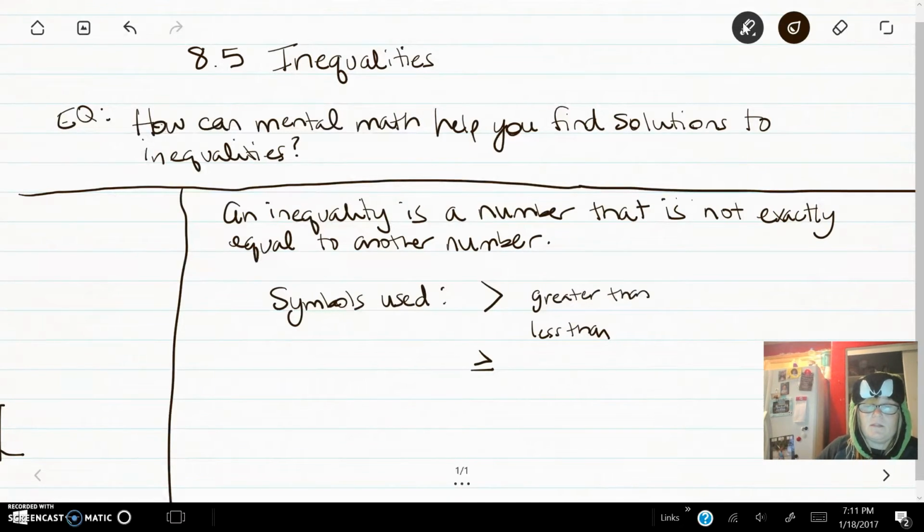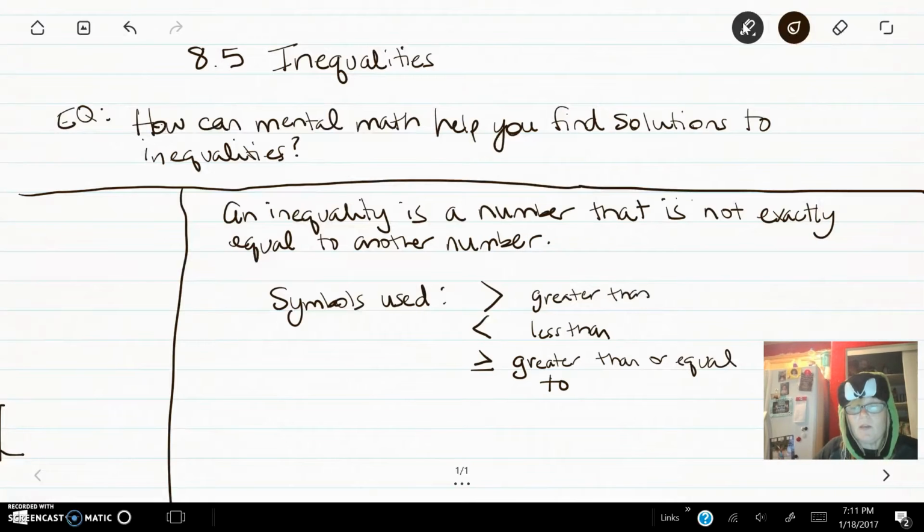So this one has the greater than symbol and half of an equal sign, so that is going to be greater than or equal to. That's why I hesitated with saying it's a number that's not equal, because it could be greater than, or you guessed it, less than, or equal to.